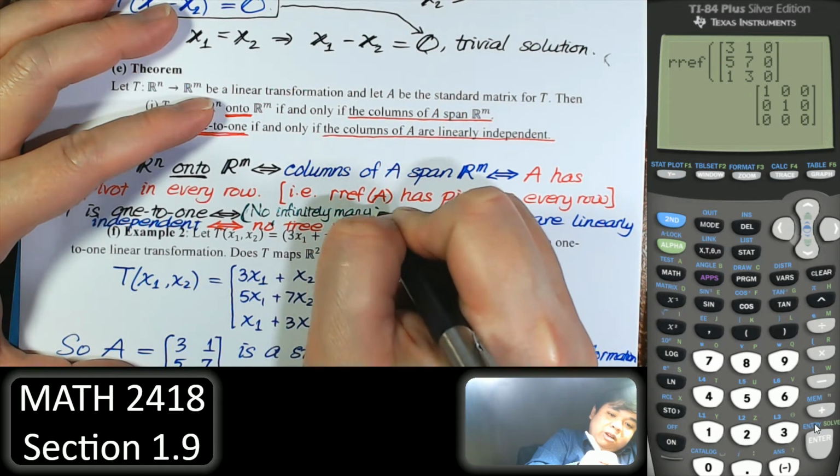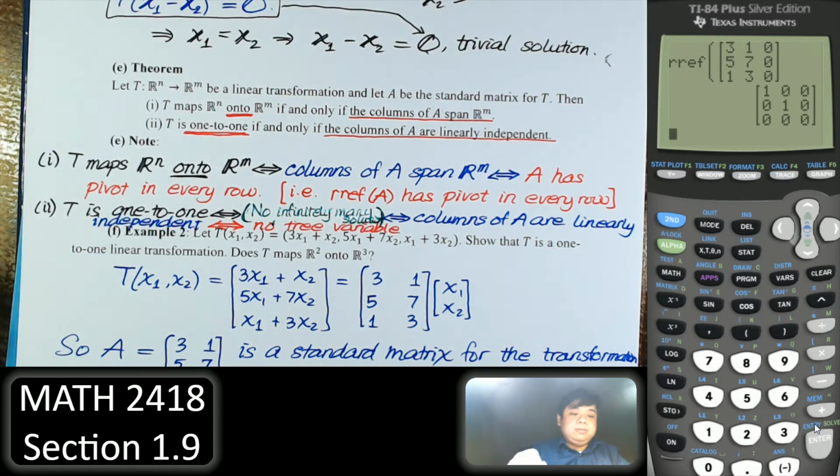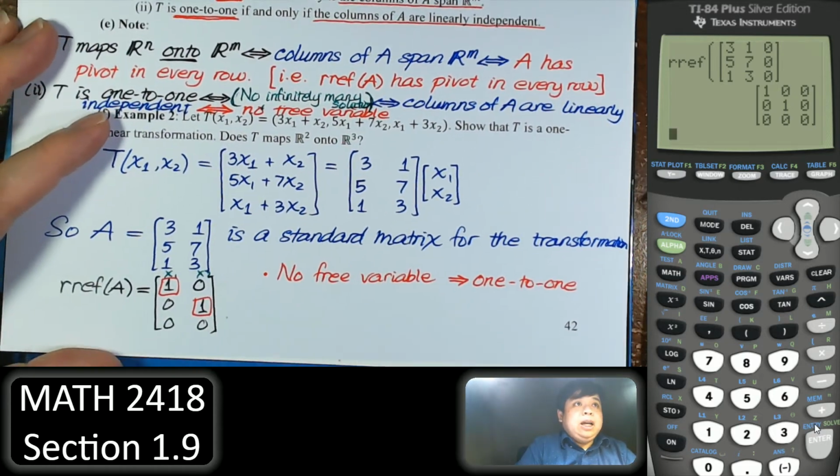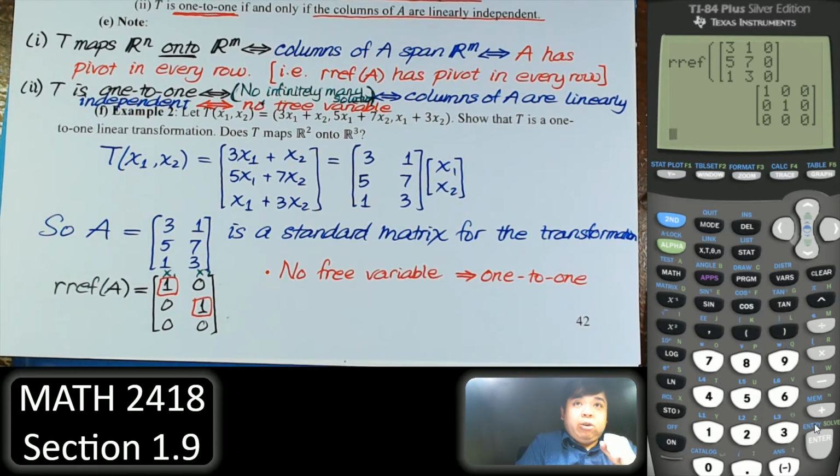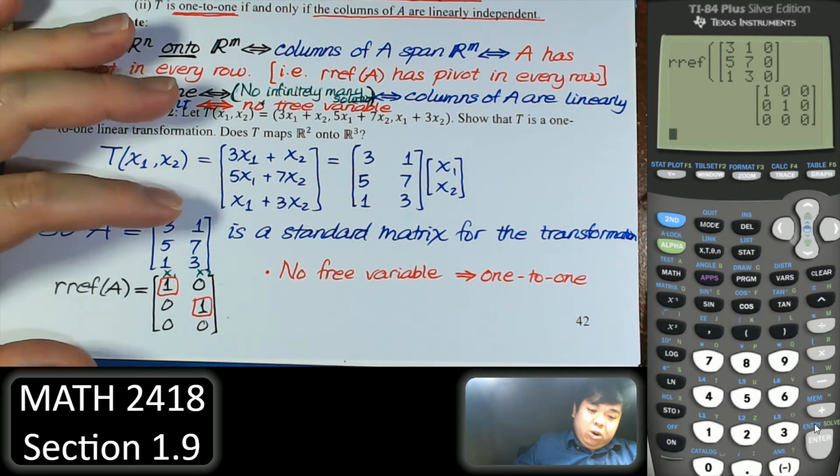No solution is perfectly fine. Right. So since we have no free variable, we cannot have infinitely many solutions, which is perfectly fine, and that's why this is 1 to 1.